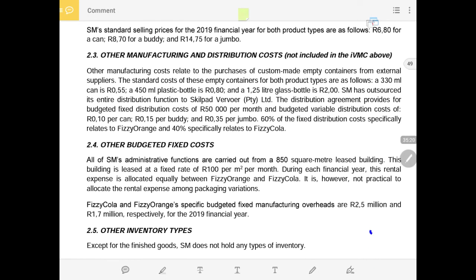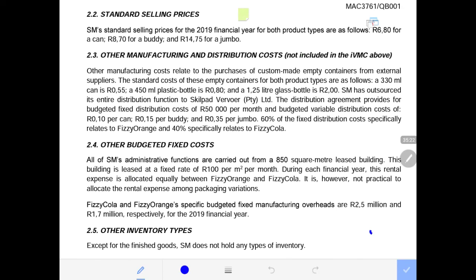Then it says other manufacturing and distribution costs not included in the in-house variable manufacturing overheads cost above are provided to us below. Other manufacturing costs related to the purchase of the custom-made empty container. Remember, our drinks need a container. Now we need a container which is bought from an external supplier. The standard cost of these empty containers for both product types are as follows.